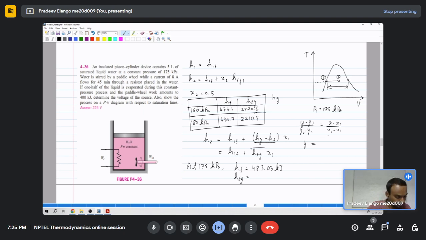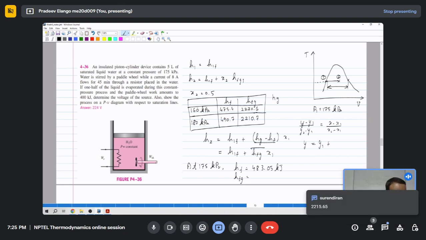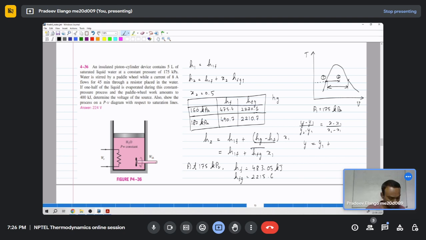For others who don't know, I will just explain: with a linear relationship, y equals y1 plus y2 minus y1 into x minus x1 divided by x2 minus x1, which gives HFG as 2215.64. This is how we get the value of y.